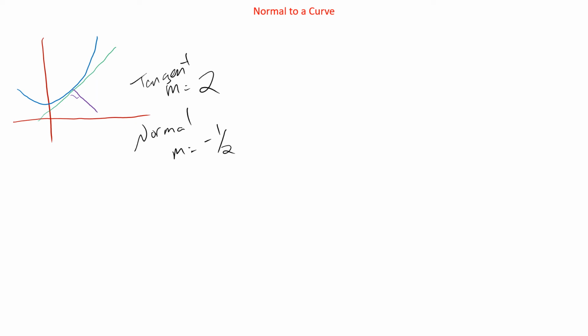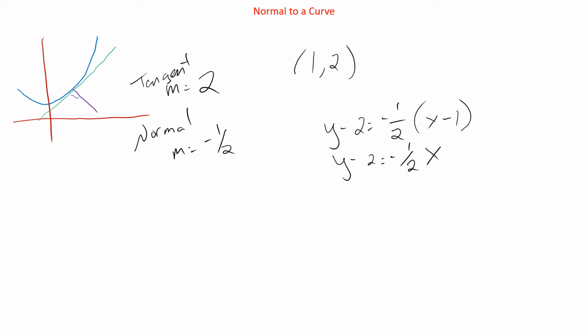So if we wanted to find the equation of this normal line, the point was 1, 2, so we'd have y minus 2 equals -1/2 times x minus 1, distribute: -1/2 x plus 1/2, add the 2, y equals -1/2 x plus 2.5. And so if we extended this line and I drew it correctly, that's about where we would be. So that's how you find a normal line to a curve.